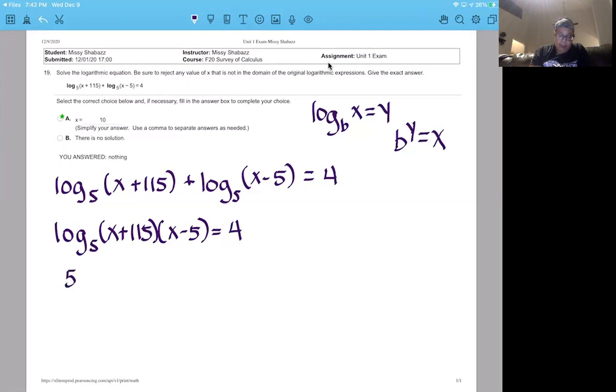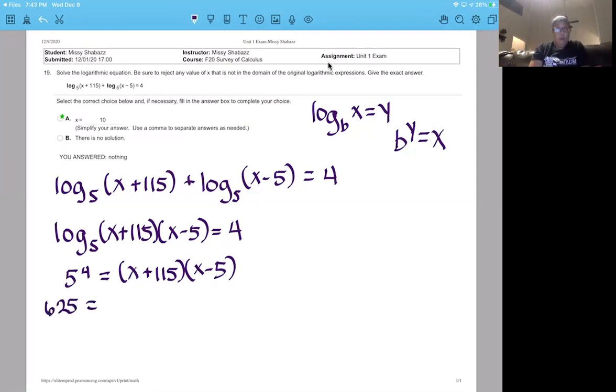So I have 5 to the 4th equals x plus 115 times x minus 5. All right, so I need to figure out what 5 to the 4th is. 625.